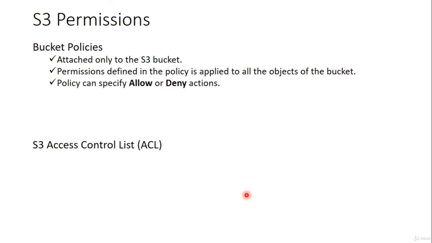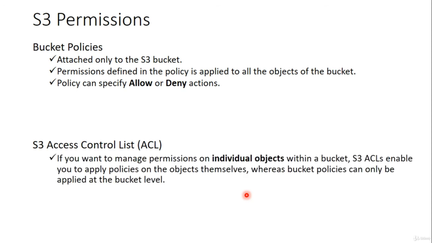Now ACL, S3 access control list. If you want to manage permissions on individual objects within a bucket, S3 ACLs enable you to apply policies on the objects themselves. So what's the difference between a bucket policy and ACL? A bucket policy is applicable for all the objects throughout the bucket, but if you want to define a policy for individual objects, then you need to go for ACL.